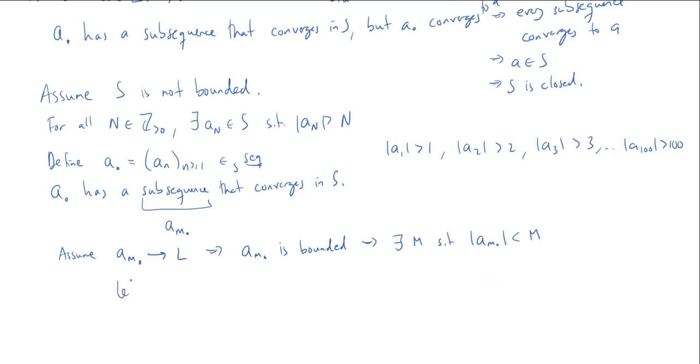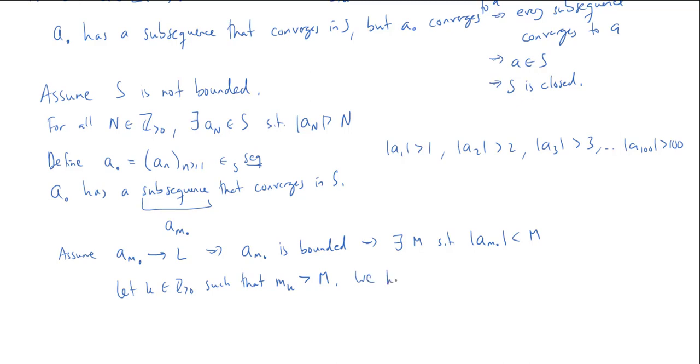Let K be a positive integer such that m_K is greater than M. Okay, we can do that, right? We know that the indices keep growing forever, so we can find an index which is at least M.